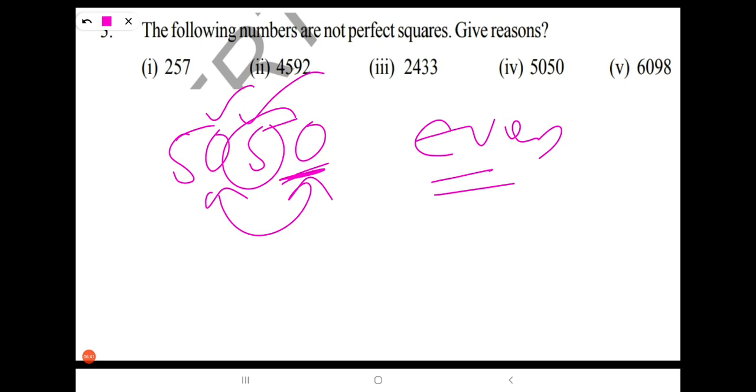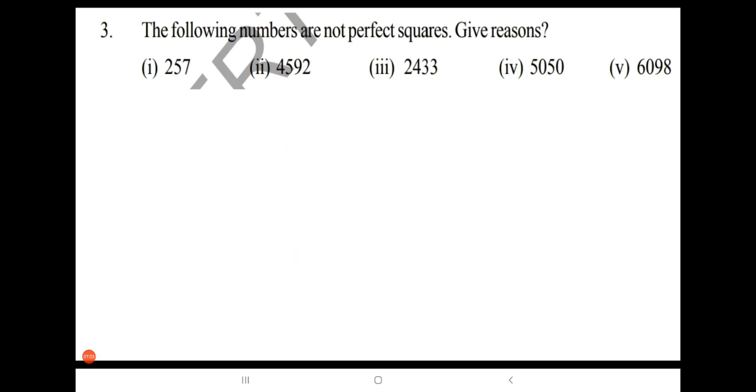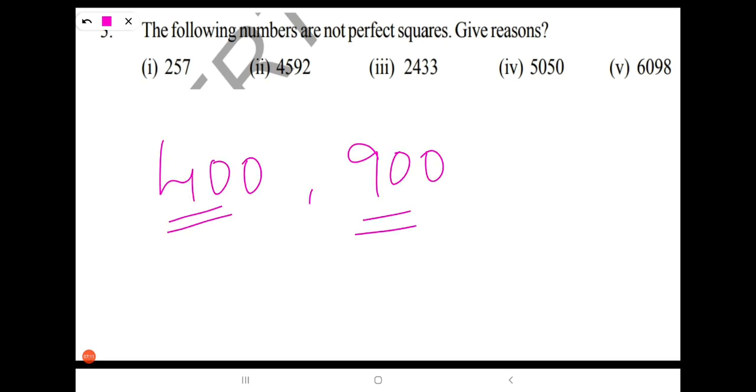So let me give you some examples to understand the perfect square concept. 100 is a perfect square and 10,000 is a perfect square. Next, 400 is a perfect square and 900 is a perfect square.